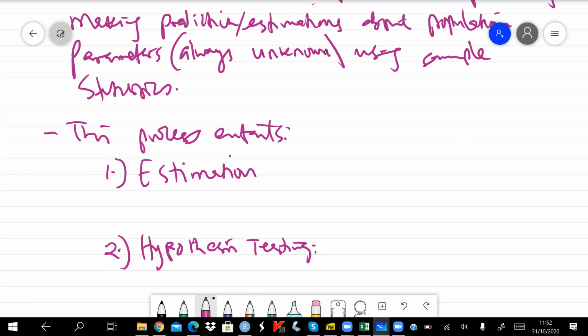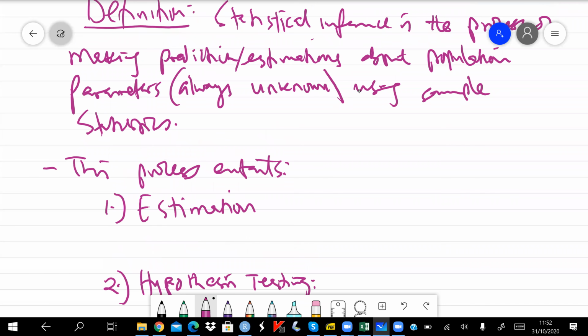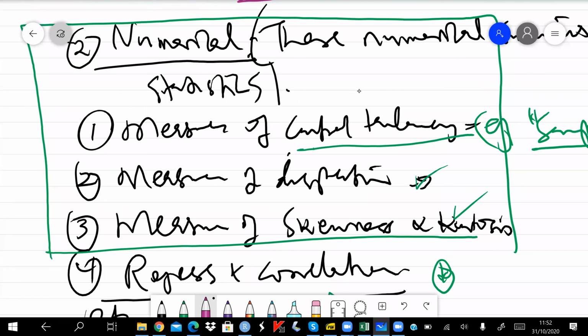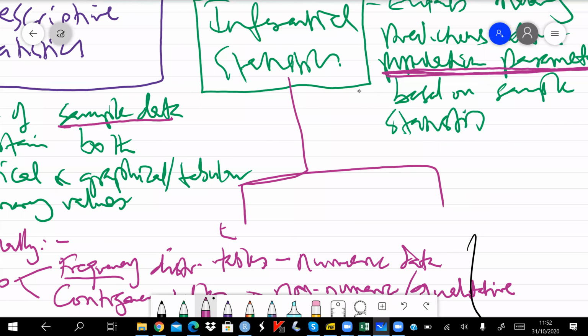Those are the two main things that happen under statistical inference. So if I were to have a sub-branch here, I'll be talking about estimation, and then here I have hypothesis testing. Those are the main processes there.